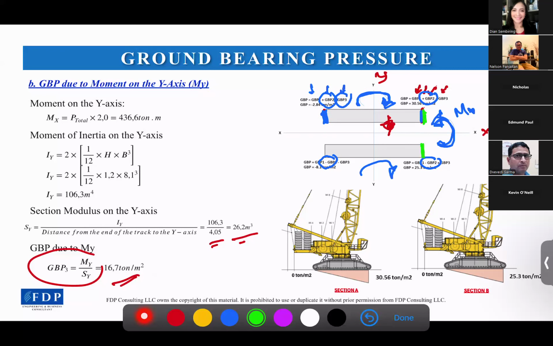So that's why we use the plus ground bearing pressure 3 on this side, and minus ground bearing pressure 3 on this side. And then we total them together.